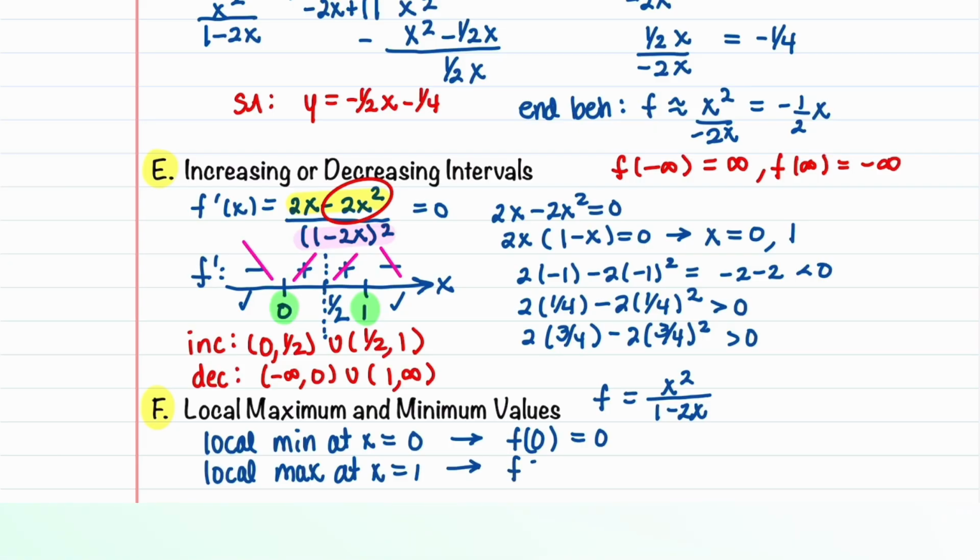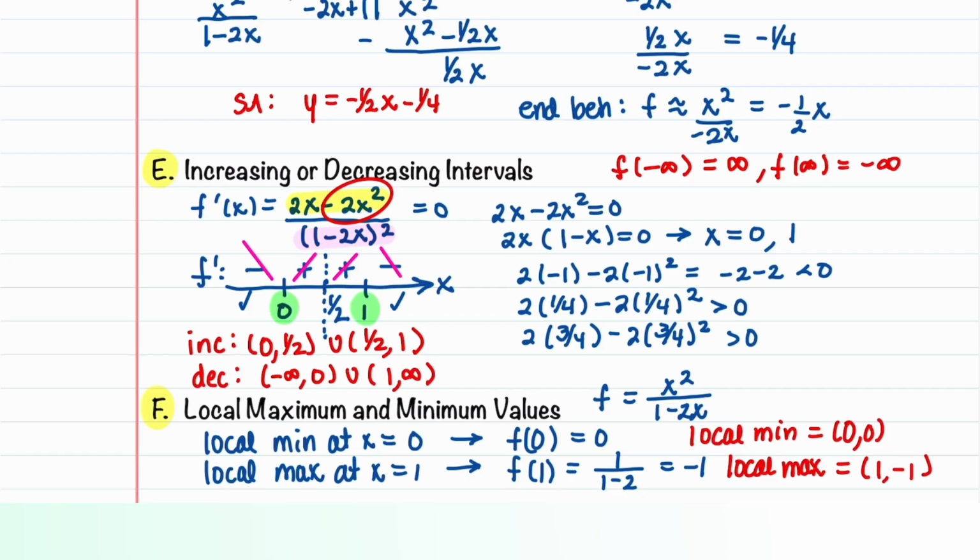And then f at 1 is 1 over 1 minus 2, so that is minus 1. We can then say that our local min is (0, 0), and our local max is (1, -1).